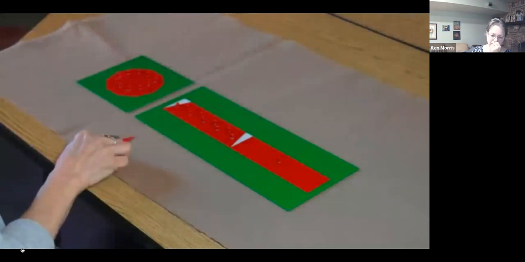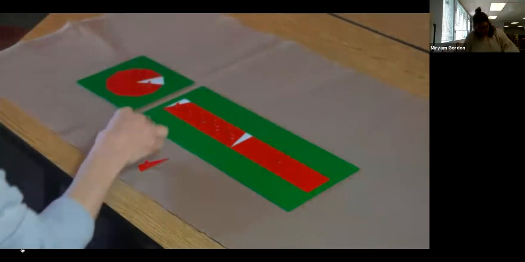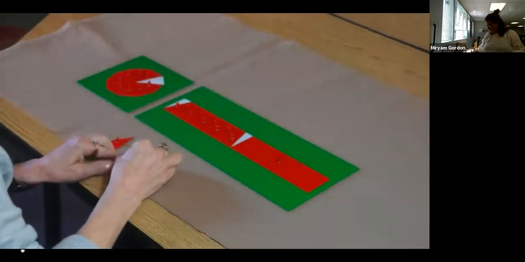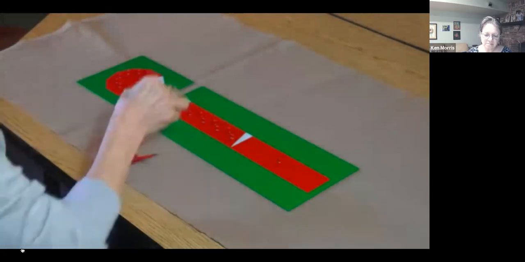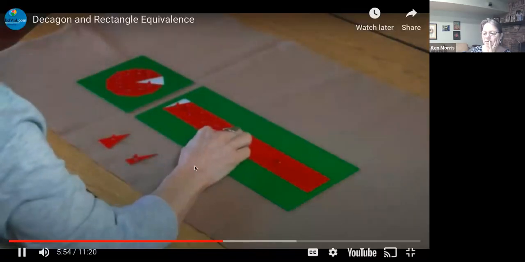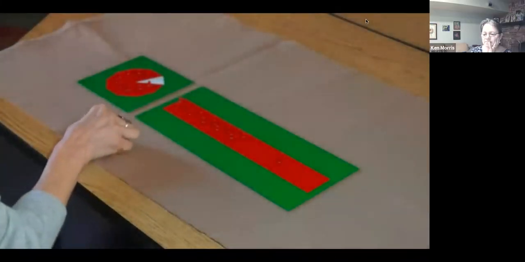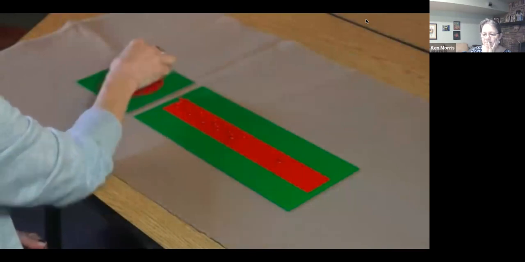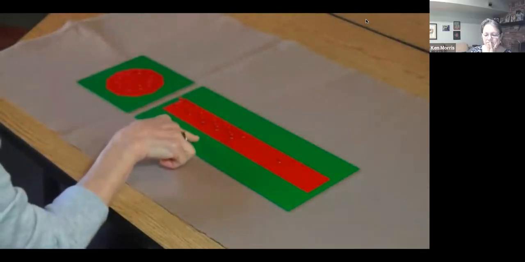Look right here. I have to exchange one of the triangles for the equivalent triangle divided into 2 pieces. The pieces of the decagon fill the frame of the rectangle.